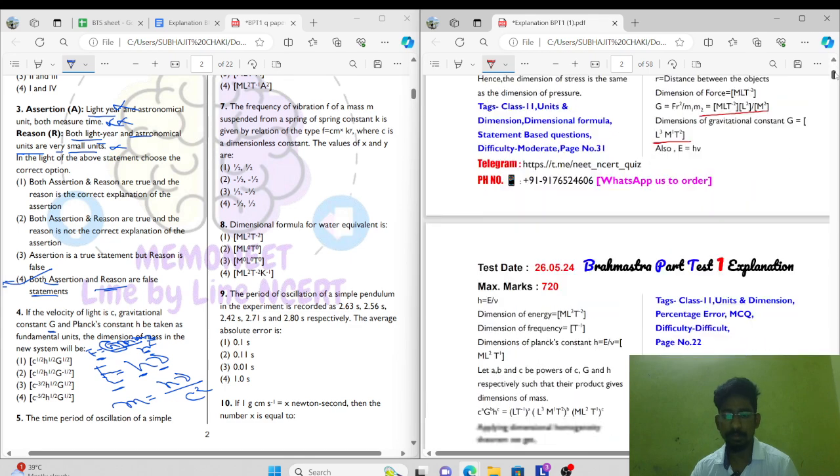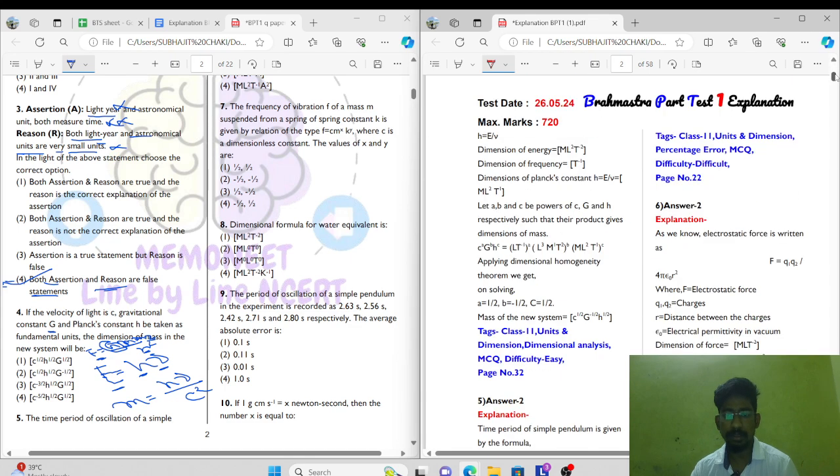Now for E equals h nu, you have to calculate the dimension of E, energy. As in the second question, P equals W by t and W equals energy, so energy is power into time. Or the dimension of energy equals the dimension of work, which is M L square T minus 2.